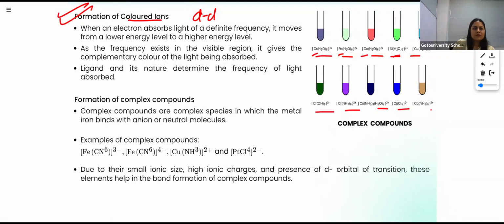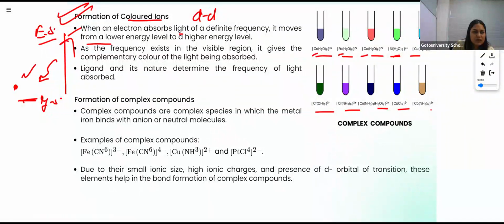When an electron absorbs light of definite frequency, it moves from a lower energy level, say ground state, to an excited or higher energy level. When they absorb energy, we have an electron here that gets excited from ground state to excited state. As the frequency increases, it is moving from ground state to the visible region.